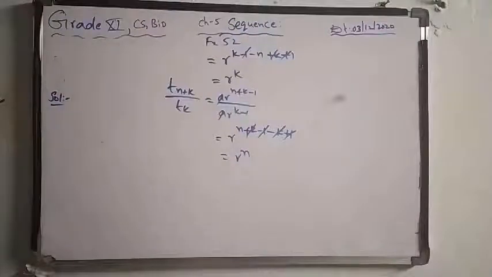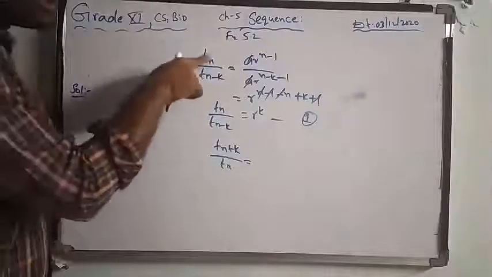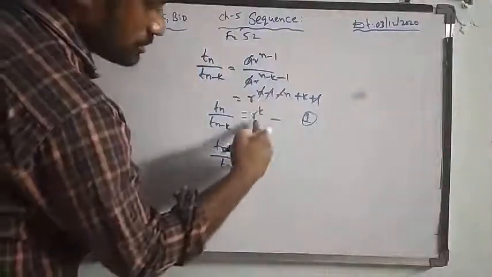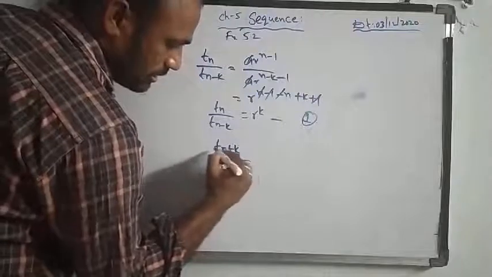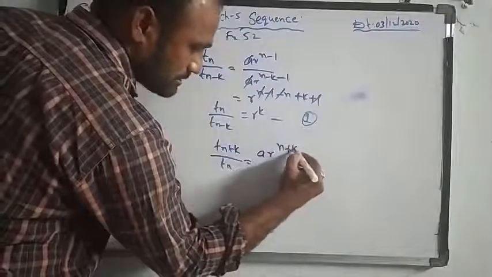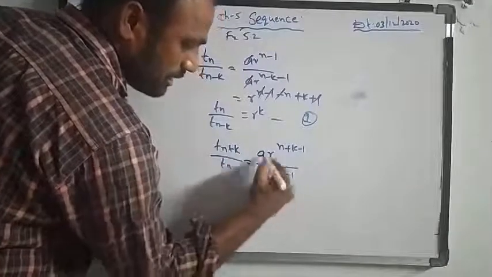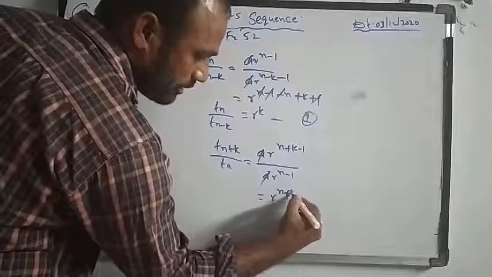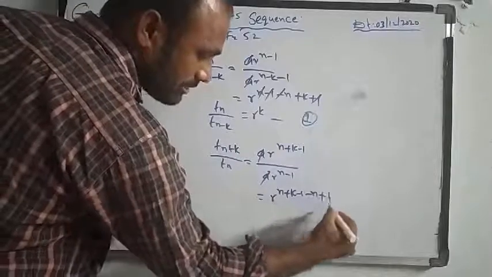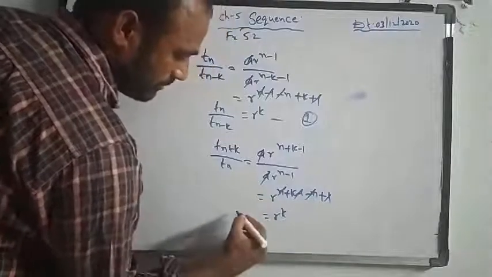One minute. Previously we have taken it as Tk, but according to the question it is Tn. So r power k is the value. Tn plus k will be ar^(n+k-1) by ar^(n-1). a gets cancelled. R power n plus k minus 1 minus n plus 1. n gets cancelled. So it will be r power k.